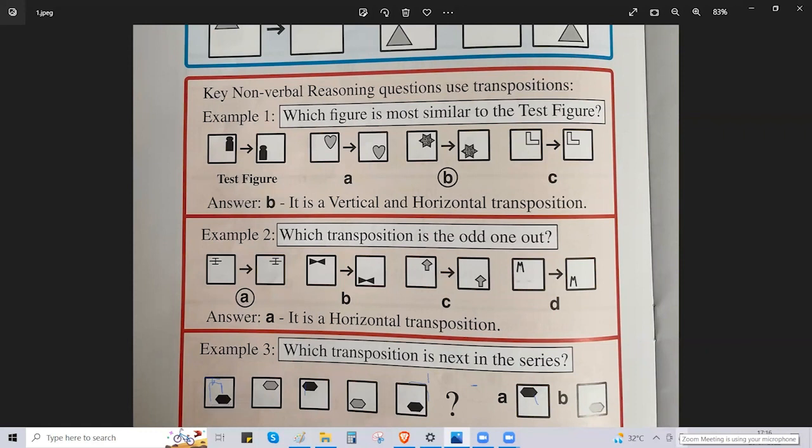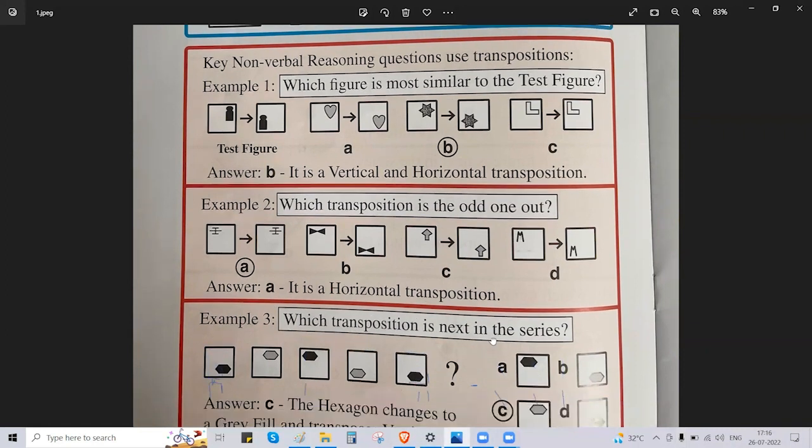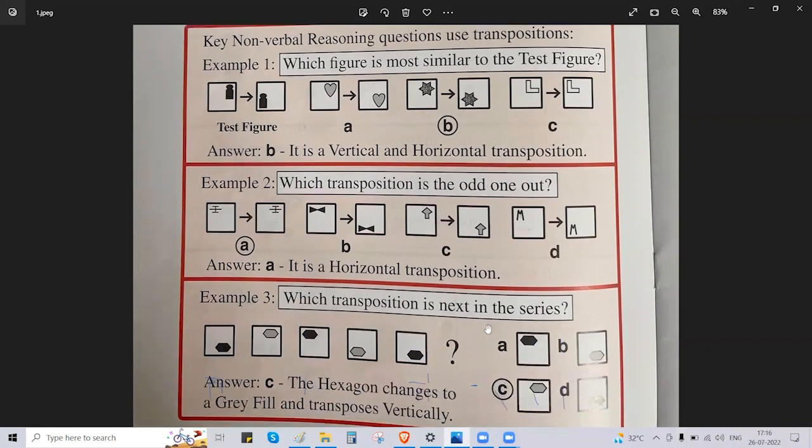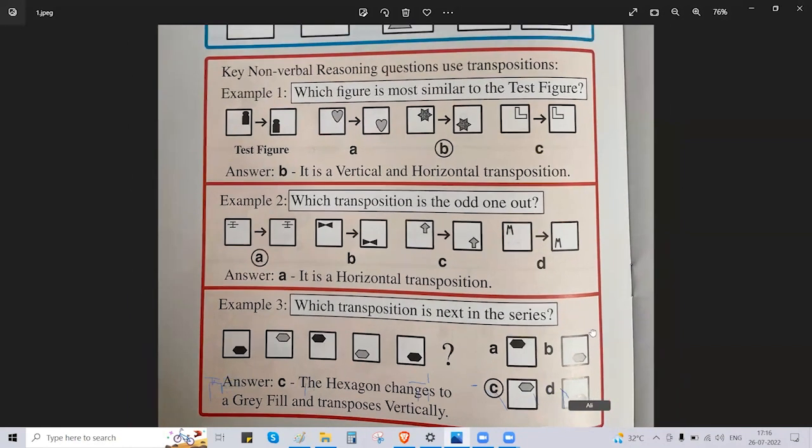So then the next one in the sequence would be going up again, like this. So it's not A because it's going up and then to the right, and it's not B because it's going down. Also it needs to be a gray filling. So I think the answer would be, it's not D, it is C because it's up and it's gray.